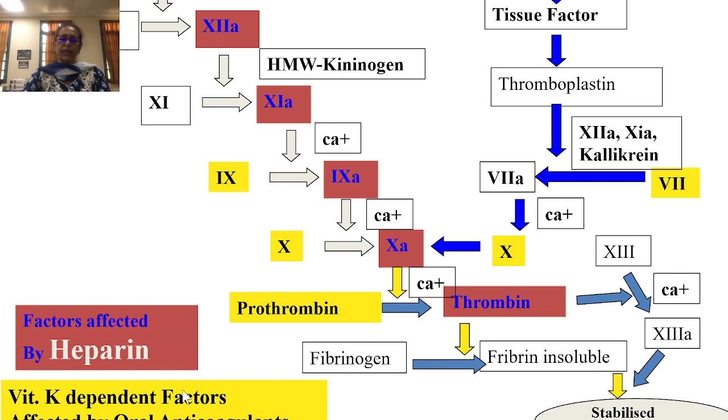Whereas the factors which are vitamin K dependent are affected by oral anticoagulants. So we have a list of oral anticoagulants as well as heparin. The factors which are vitamin K dependent are factor 9, 10, 7 and prothrombin.